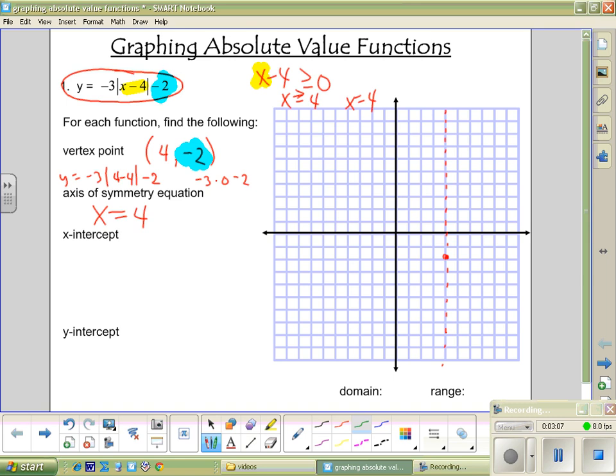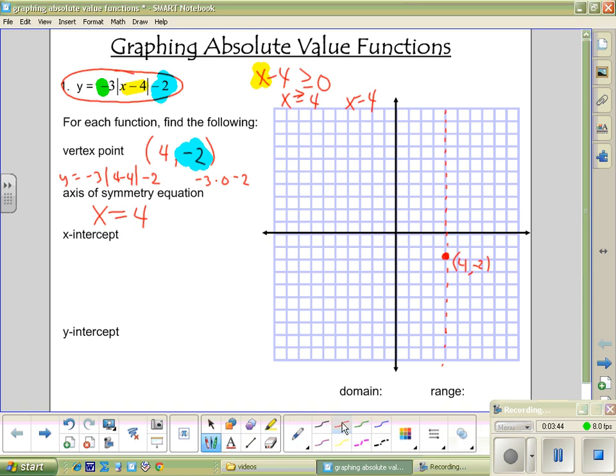Now, what we can do next, I'm going to show you two ways. I'm going to show you how to plot first and then calculate second if necessary. Later on, I'll show you how you can calculate the x and y-intercepts. So we've got a point here at 4 comma -2, and we've got to figure out whether our v is going to go up or down. I'll tell you right now, and I'll explain why a little later, that you can tell immediately it's going to go down because there's a negative out in front.